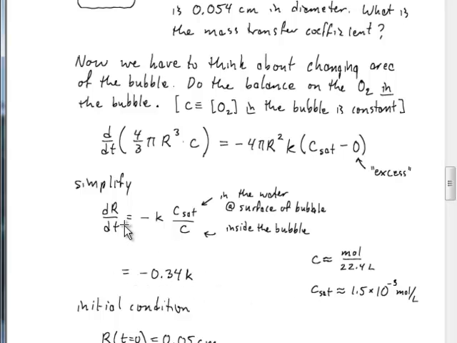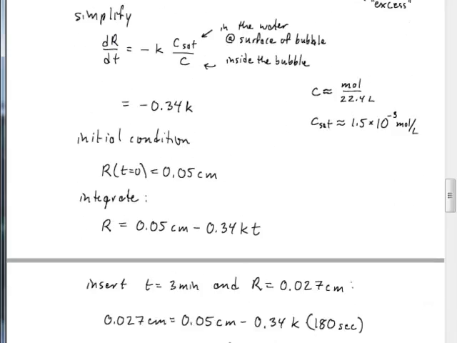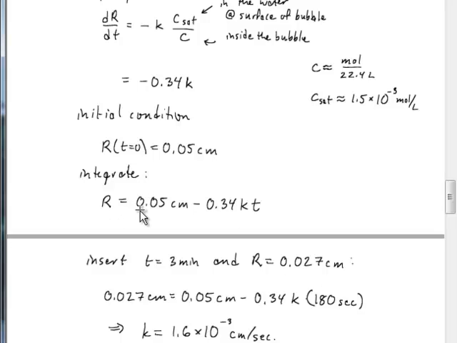And so now we've got a rather simple differential equation to integrate. dr/dt equals minus 0.34 K. We have an initial condition that says the radius at the initial time is 0.05 centimeters. And we can integrate to get r equals 0.05 minus 0.34 K t.